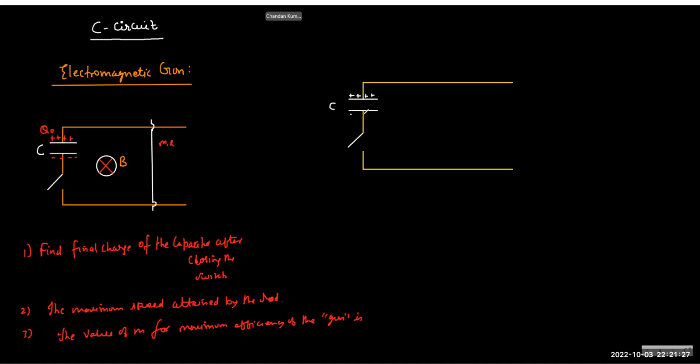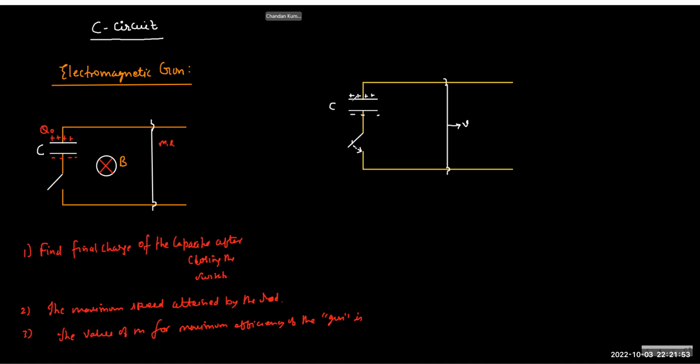So definitely when you switch on, when you make the connection, the current must have flown and therefore the rod must have some velocity by now. So the method of solving is very simple. You will assume some velocity v at some time t, which is very small, but let's just assume v.